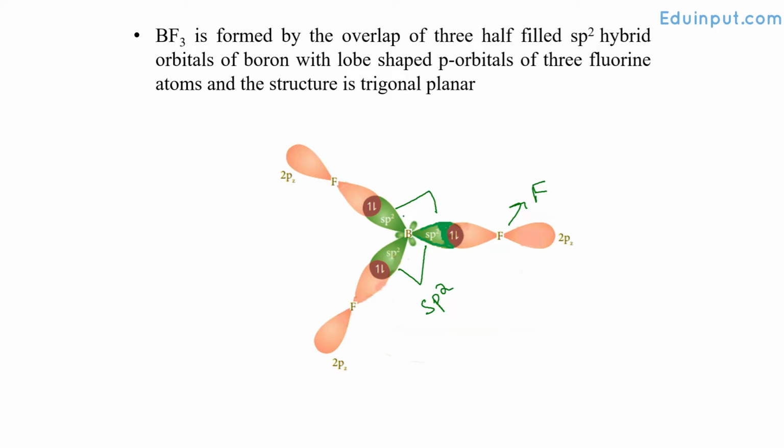In this way, we can see that the sp2 hybrid orbital overlaps with the half-filled orbital of fluorine to create a bond. So this is the overlap between the sp2 hybridized orbital of boron and one half-filled atomic orbital of fluorine. So the shape is going to be trigonal planar.